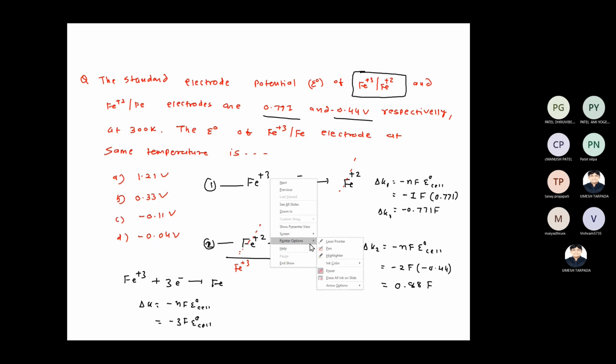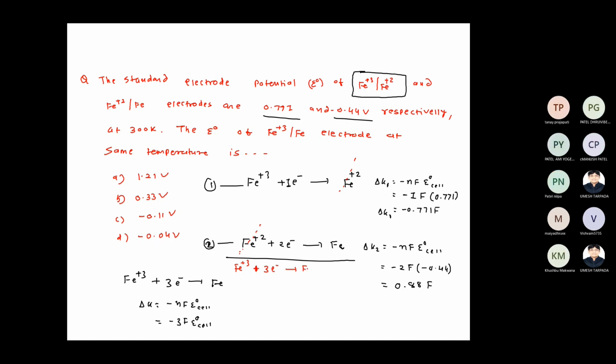So 2 plus 1, that is 3 electrons, gives Fe. So therefore summation is there.